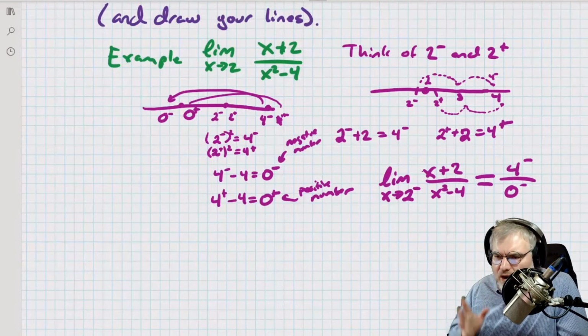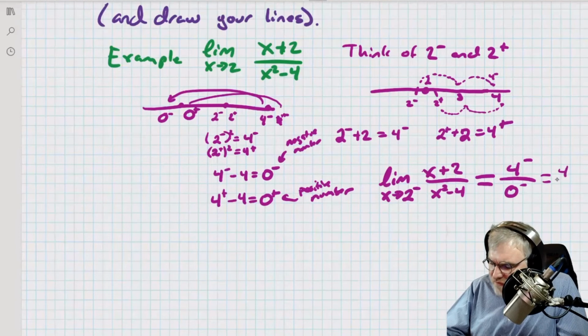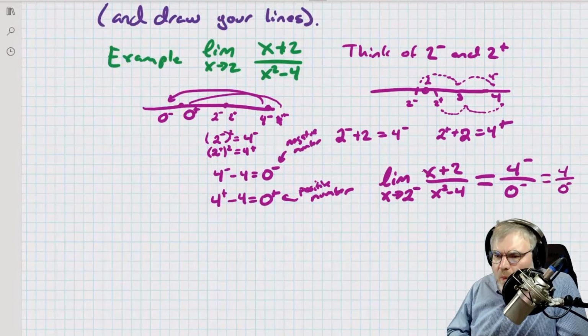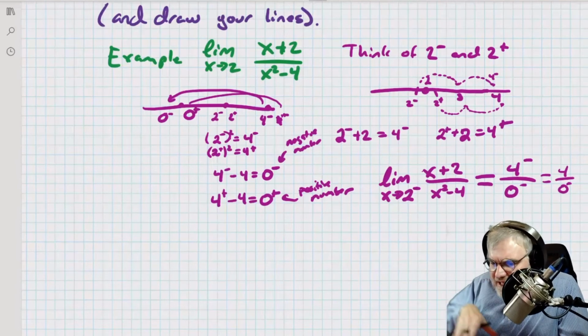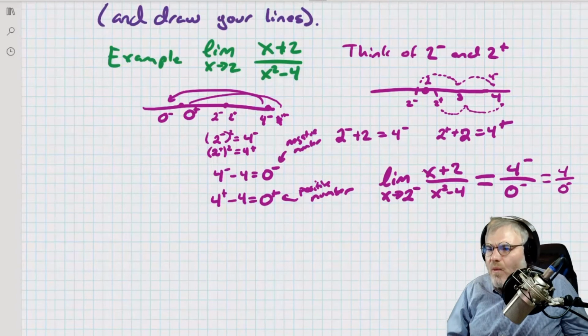Now, as I said, always keep in mind 1 over x. As I approach 0, what is this thing going to do? As the bottom goes to 0 left, and I don't care about the top, it's actually just 4 now. What is 4 over 0 left going to be? If I have 4 over x and I head to 0 from the left-hand side, what happens?